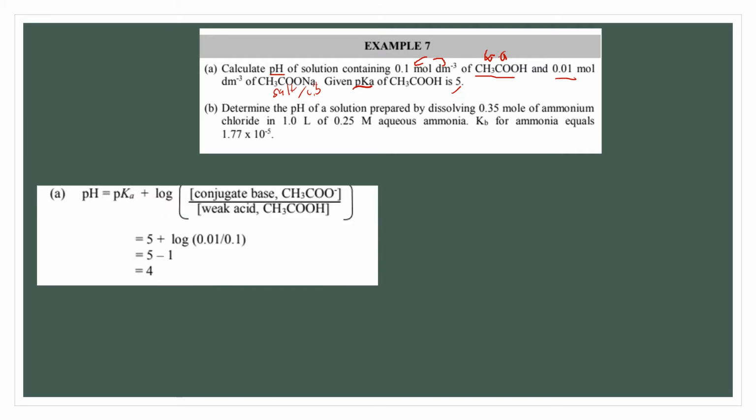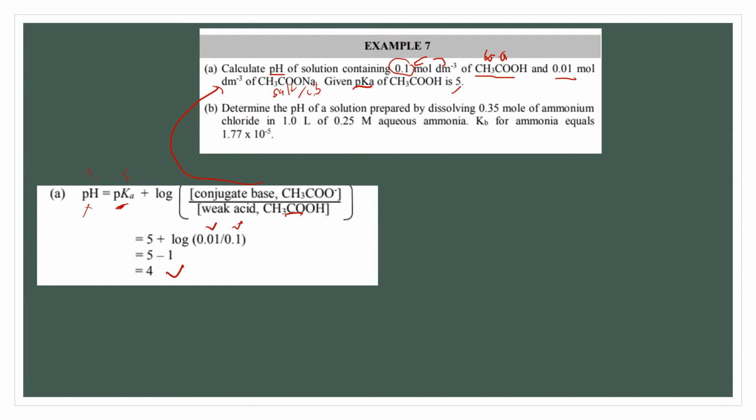Okay, we will look at the answer. Use the Henderson-Hasselbalch equation: pH equals pKa, which is given as 5, plus log conjugate base. You take the conjugate base from this salt, which is 0.01, divided by the concentration of the weak acid, which is already given here as 0.1. Substitute the values and you get the answer. The pH of this acidic buffer solution is 4.